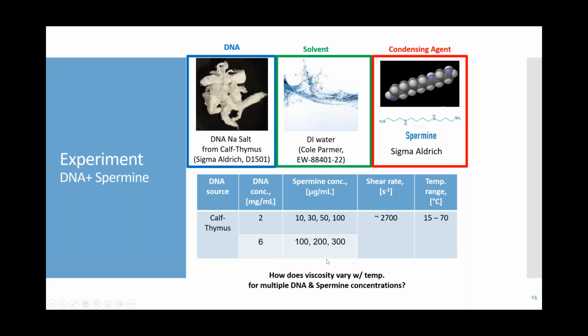What we want to learn from these experiments is to better understand how condensing agents can affect DNA structure in a temperature sweep experiment. And the good thing is that the changes in DNA structure in the presence of condensing agent can be monitored with viscosity measurements.